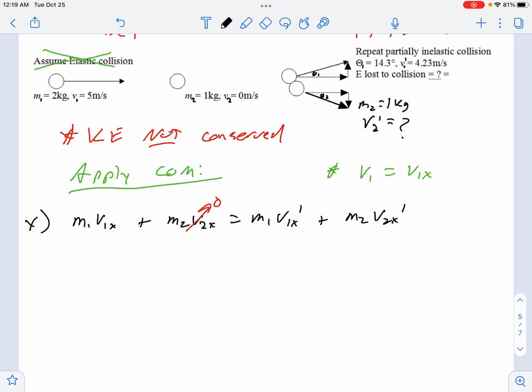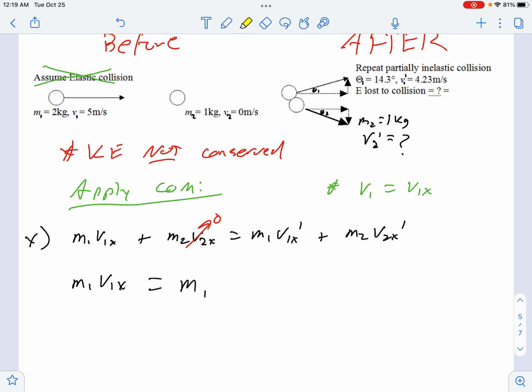Since I have this V1 prime and I have the angle, I'm just going to take my statement. So m1 V1x is equal to m1, and I'm going to replace that V1x prime. That would be this piece that's adjacent, so we've got the cosine function. So this would be V1 prime times cosine of angle 1.